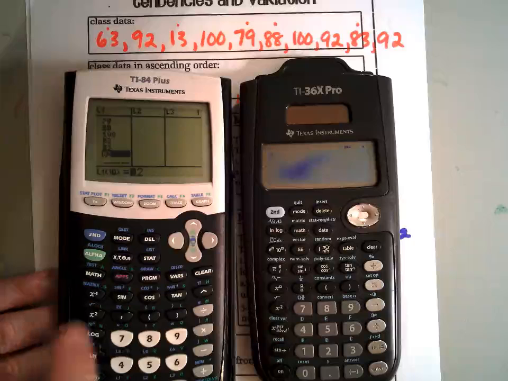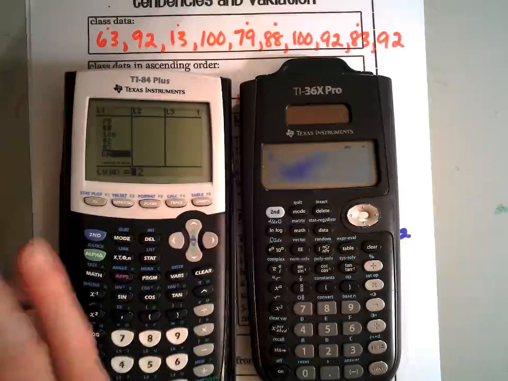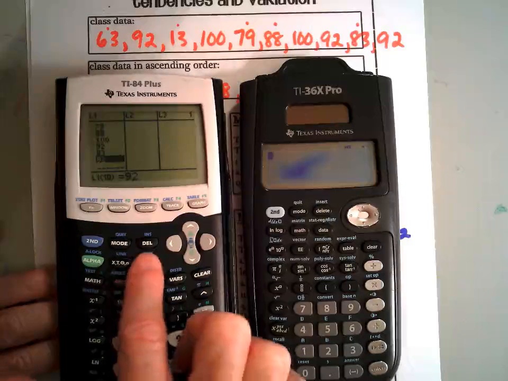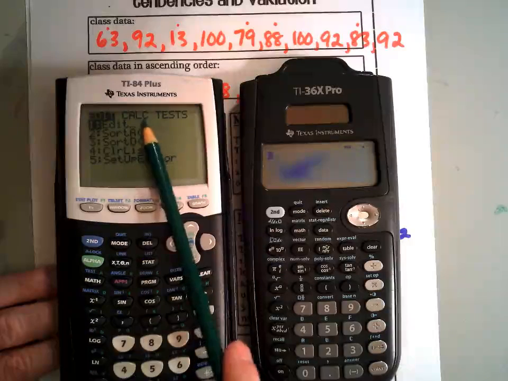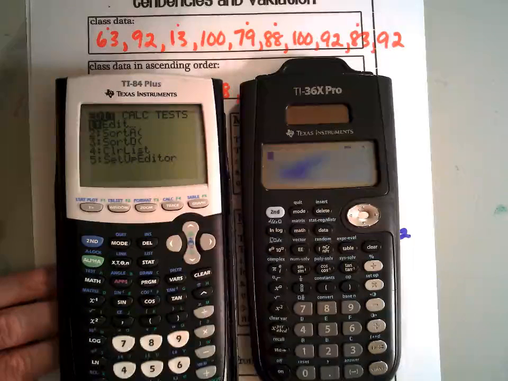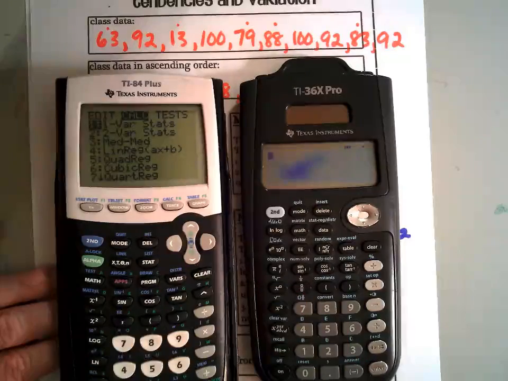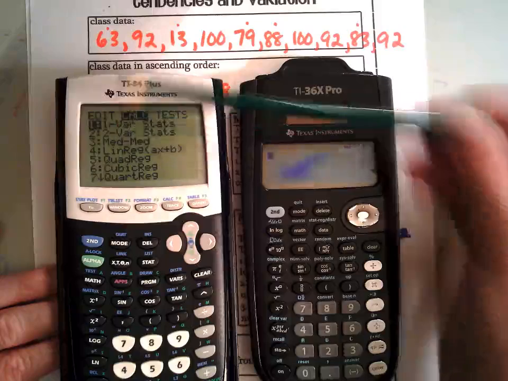Okay. Now, as we go to figure out where all this stuff is that you're looking for, we want to go back to the stat menu, so stat. And this time, there's this calculate right here. So we want to move our cursor over to calc, and we want to be on this one var stats, one variable statistics, the very first thing that's there.